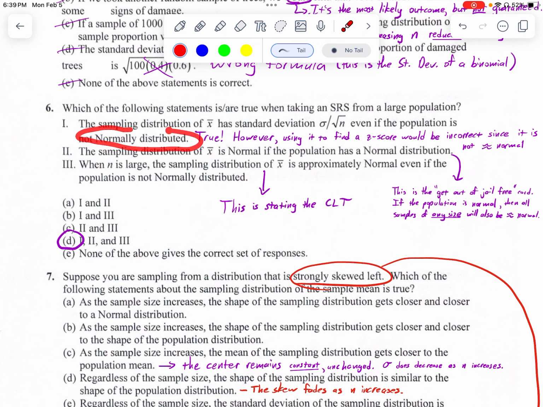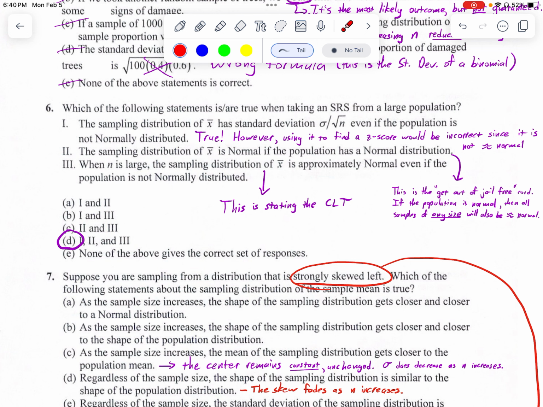If it's approximately normal, then you can find a z-score, and then you can use the empirical rule, the 68, 95, 99 rule, to get the percentages. So if it was not normal, then proceeding to find a z-score would be an invalid step, but that doesn't mean this doesn't change.